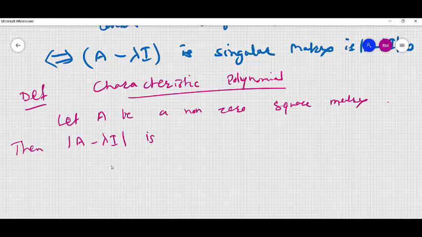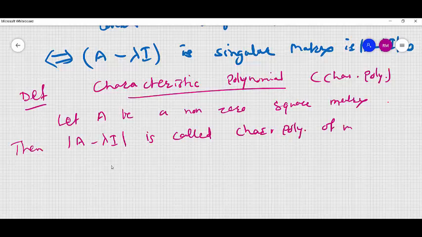So this is called the characteristic polynomial, in short char poly, of matrix A, and it is also denoted by delta of lambda, that is a function of lambda.